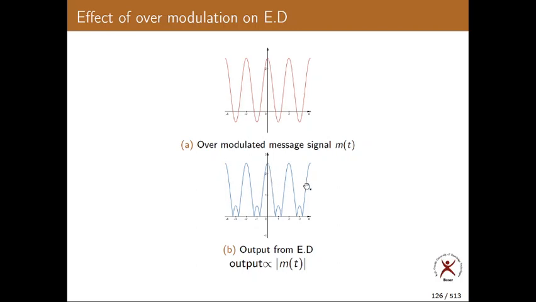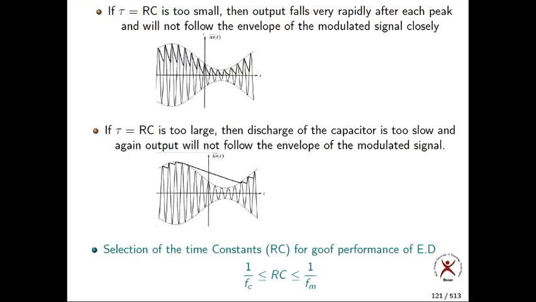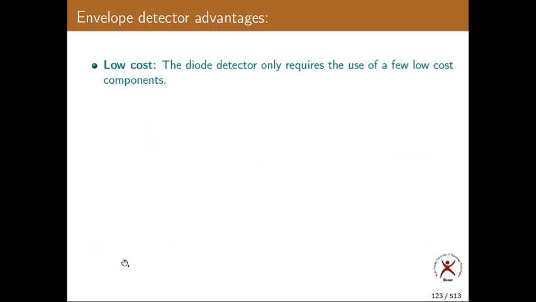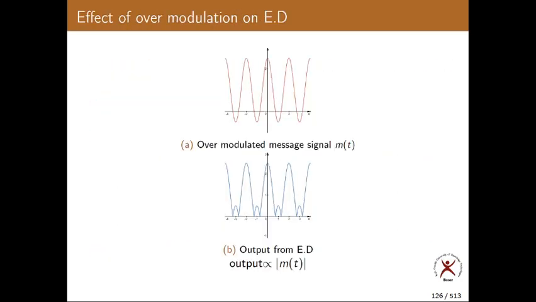In the remaining two cases, where mu is equal to 1 or less than 1, how is the output? The output is proportional to m of t. That is desirable. But whenever mu is more than 1, the output is proportional to the mod of m of t, like this.